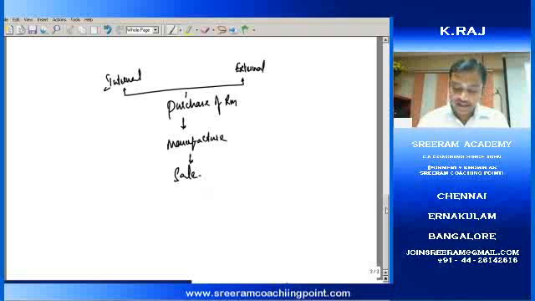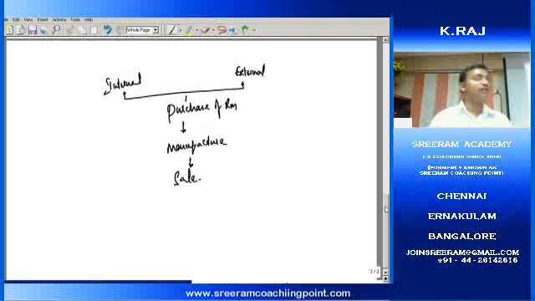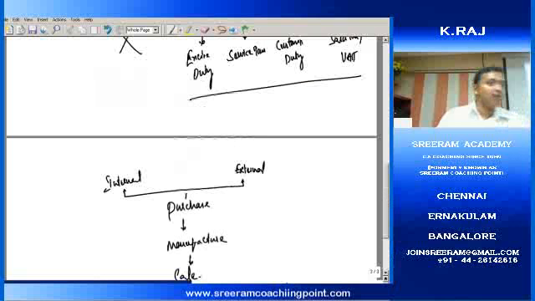Whenever we are purchasing, the purchase may be of raw material or it may be of services also. What is this service and what is this good I am referring to? Good means transfer of property in goods, a movable item which transfers from one person to another person. Whereas what is service? Service is an intangible item. We can feel that there is service, but we cannot see the service which has been provided. It is nothing but production of labor. So what I am doing now is a service.